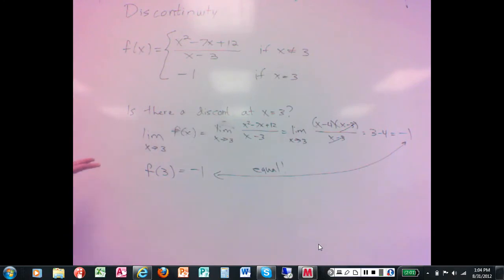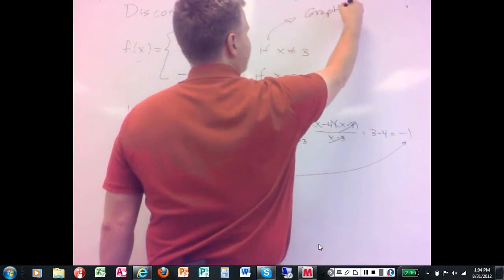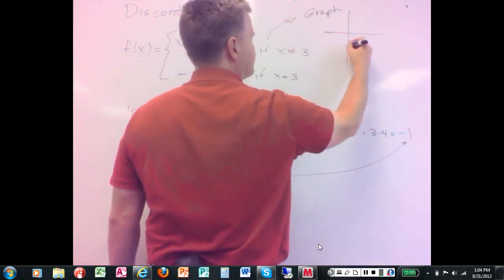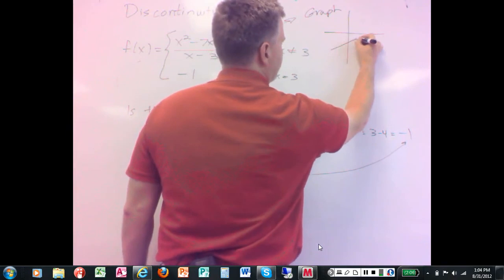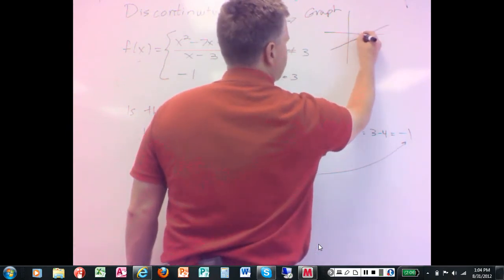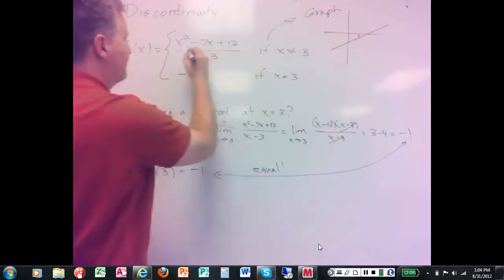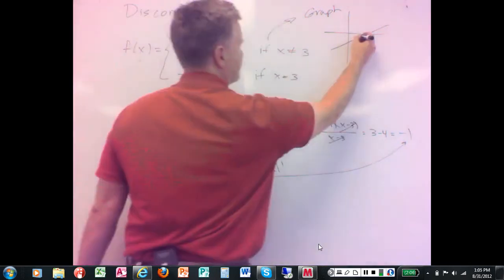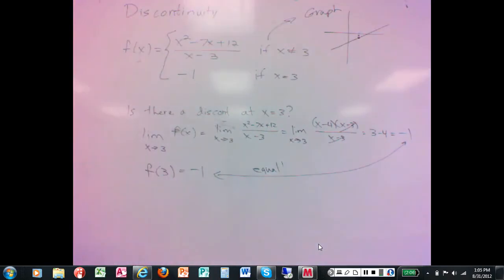If I draw the graph here, I've got that same graph I had before. This part, I've got that little circle, but now I fill that in. So I don't have that jump.